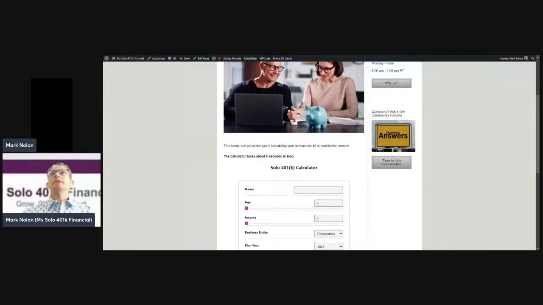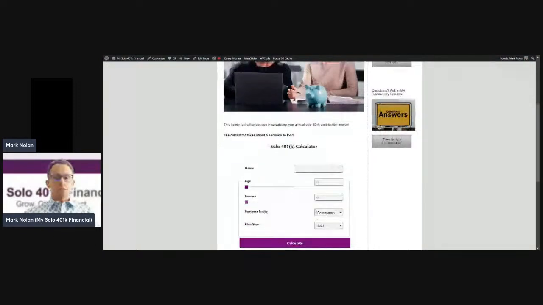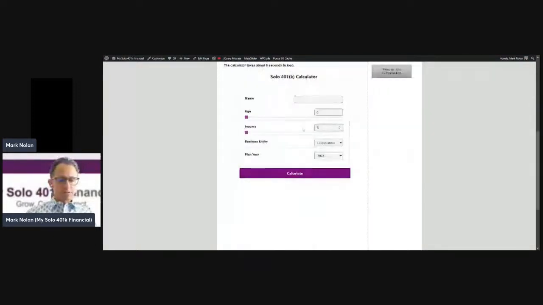So the maximum income we're going to need on line 31 of that Schedule C is going to be $74,246. As far as age, don't worry about entering an age because, again, you can't make catch-up contributions to the voluntary after-tax solo 401k bucket. So $74,246, we're going to select sole proprietorship. Plan year, we're talking about 2024, so we're going to select that. Click on calculate.